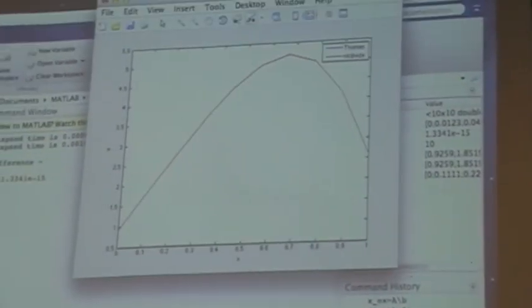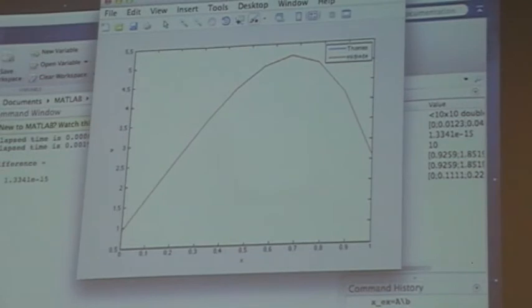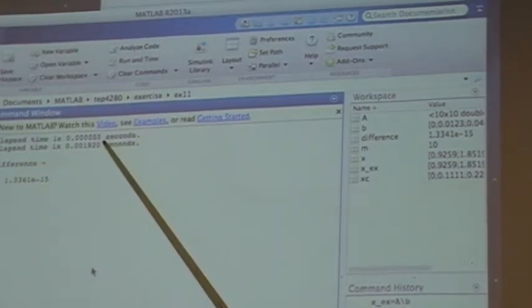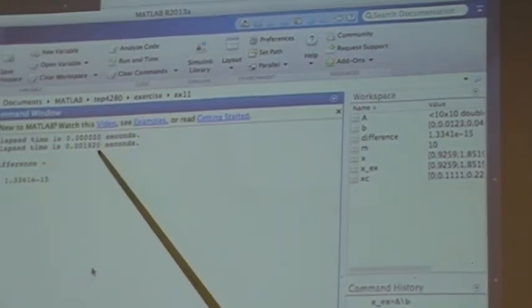I plotted also the solution here. I assume that this was an x squared on the right hand side. That is not so interesting. Interesting are the timings. The first timing is for the backslash, which is quite fast for this, and this is for the Thomas algorithm.